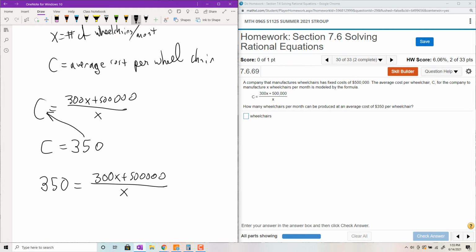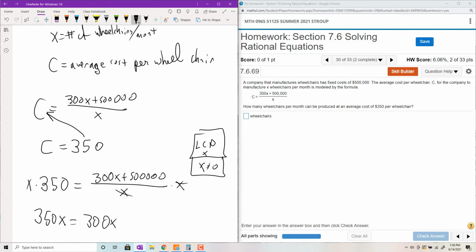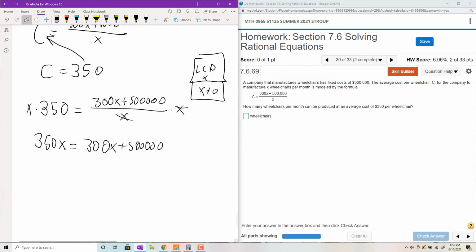And then I'm going to solve this formula. And the LCD here is just X. The restricted value is 0. X can't be 0. Multiply both sides by X. So on the left, you'll just have 350x. On the right, the x's will cancel, and you'll just be left with the numerator, 300x plus 500,000. Then I'm going to subtract the 300x from both sides.